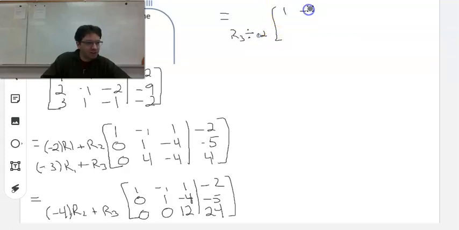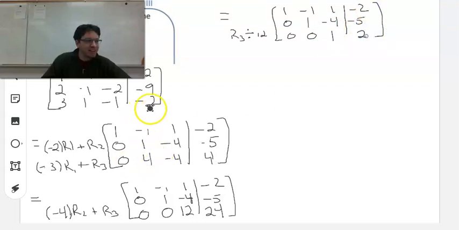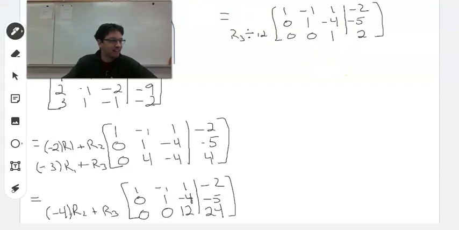So 1, -1, 1, and -2, 0, 1, -4, -5, and then finally we'll get 0, 0, 1, and 2. So now look at that there. In this case, we have z equals 2. It's right there for us. How easy is that?